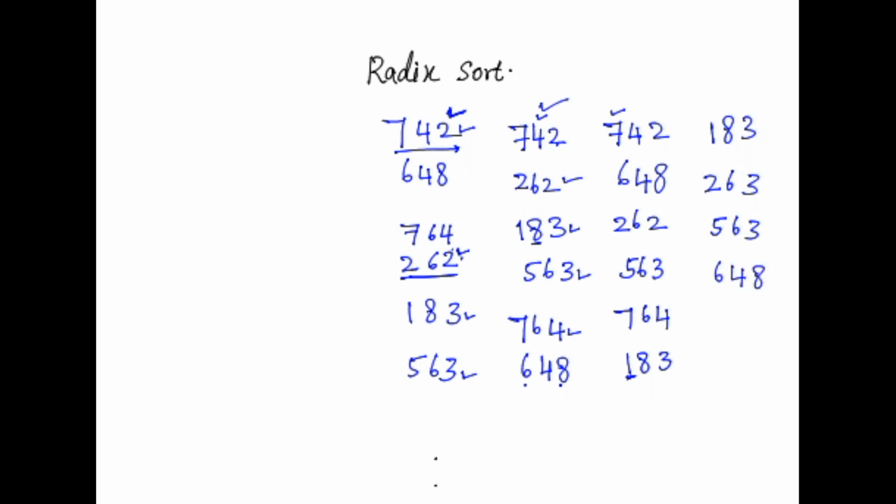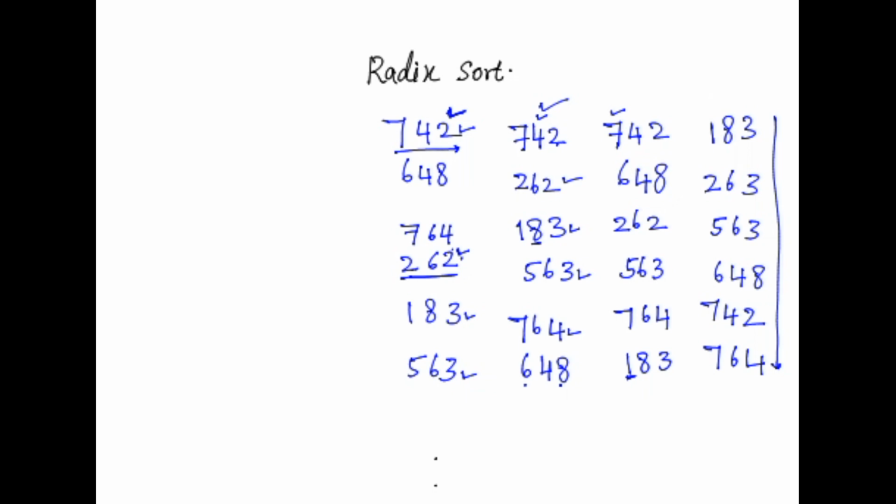With 7 there are two numbers, but 742 comes before 764, so I will end up writing 742 and 764. What you notice is that the sequence that I have now is already sorted in increasing order when you go from top to down.